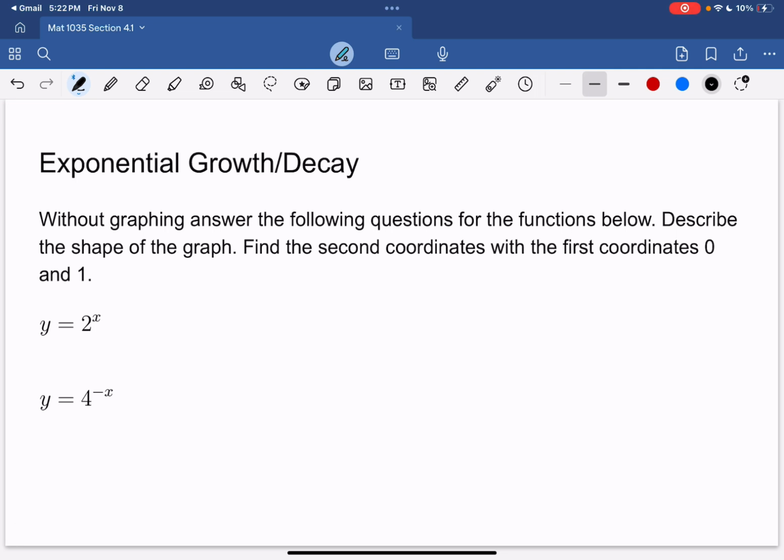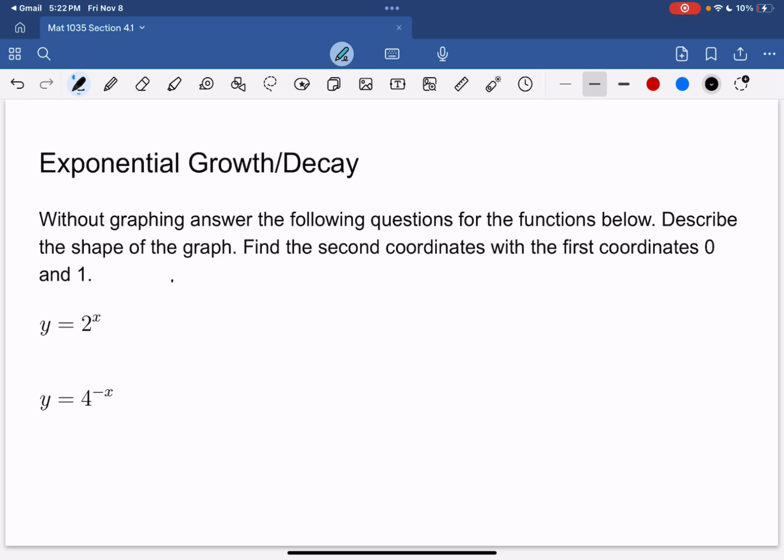Okay, so here's an example. Without graphing, I'm not terribly particular on this. If you want to graph it to look at it, great. But this is just off the homework, so I just wanted to talk about it. So without graphing, answer the following questions for the functions below. We want to describe the shape of the graph. So do we have growth or decay? Okay. So for this first one, y is equal to 2 to the x.